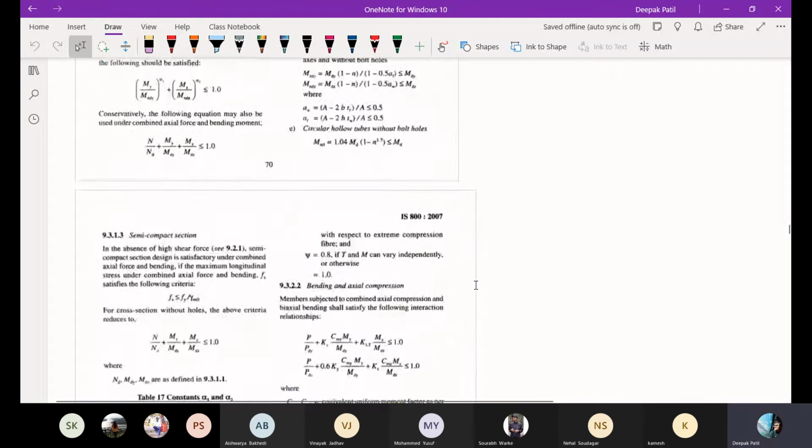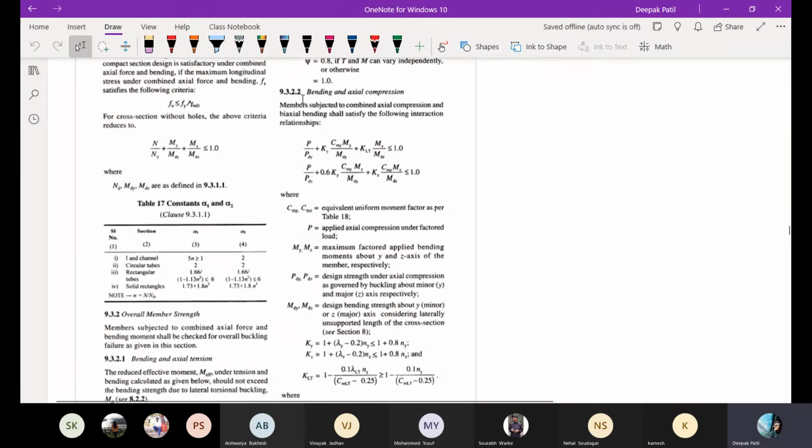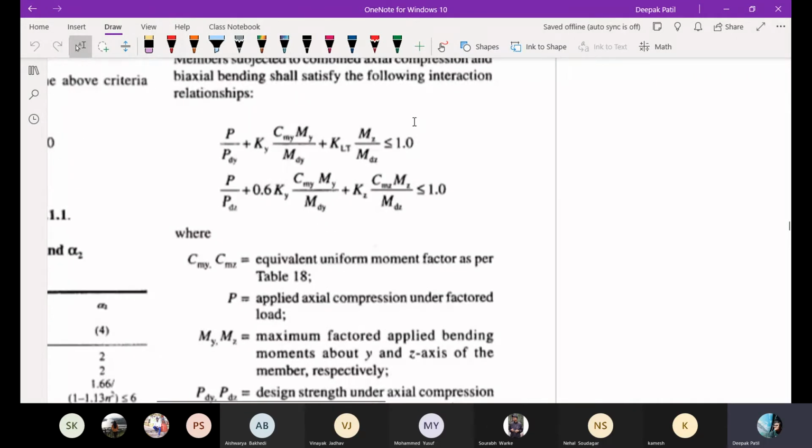Can you see here 9.3.2.2? Okay. So these are the two formulae which you can see. Can you see these two? Yes, sir. Yeah, these are the two checks.